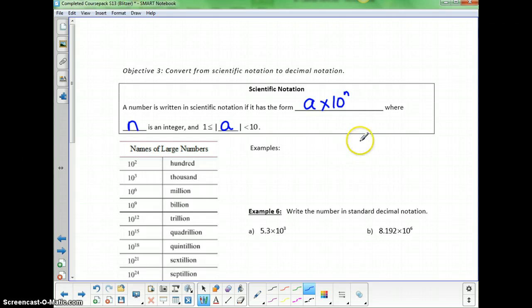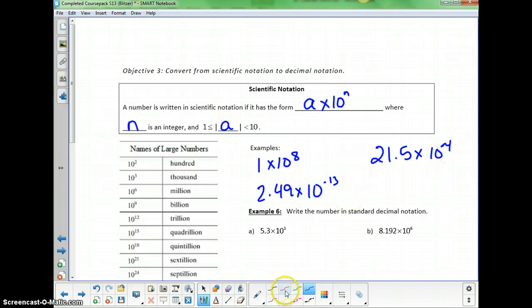Okay, so for example, 1 times 10 to the 8th is in scientific notation, or 2.49 times 10 to the -13th is in scientific notation, but 21.5 times 10 to the -4th is not in scientific notation because that's too large. If I wanted to write it in scientific notation, I have to make sure it was like 2.15 times 10 to the -3rd or something like this.